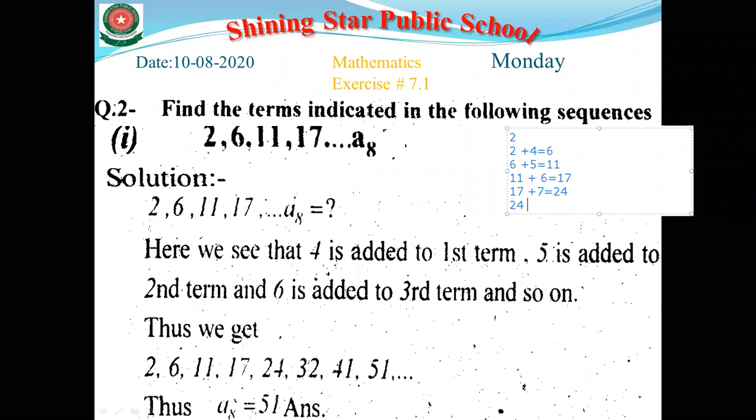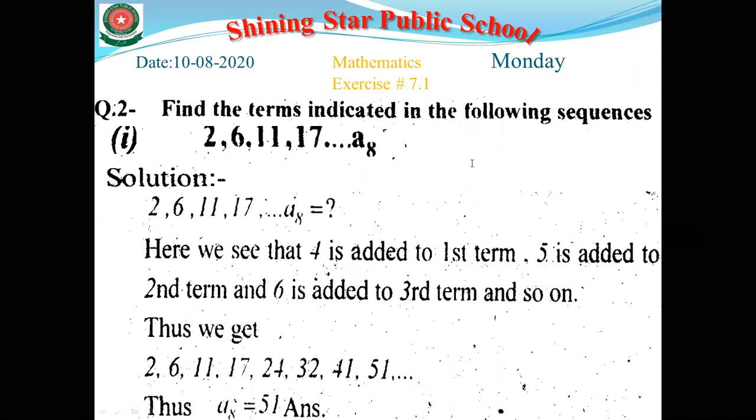Okay. Now 24 plus 8. Now we add the 8, so it becomes 32. And 32 plus 9 equals 41. Okay. And 41 plus 10 equals 51.